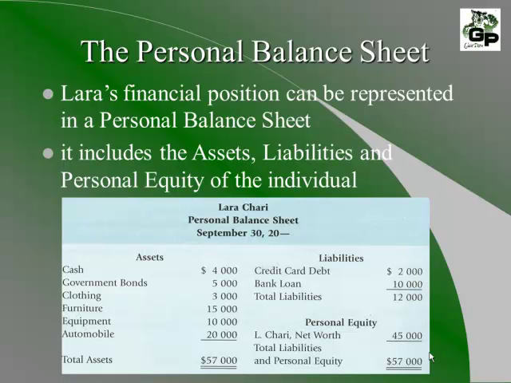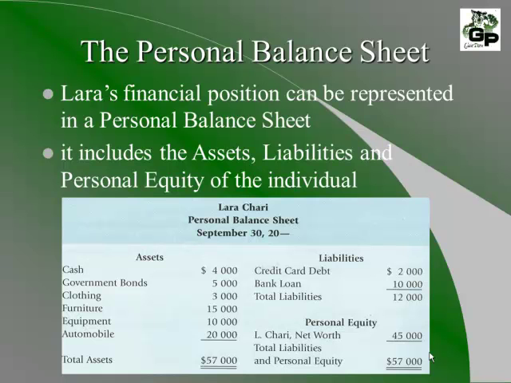On the right-hand side, we have both the liabilities and the personal equity. The liabilities are listed, and under the bottom liability, we have a single line, which tells us that addition is about to occur. And then we have the total liabilities of $12,000. Then we have another category for her personal equity.